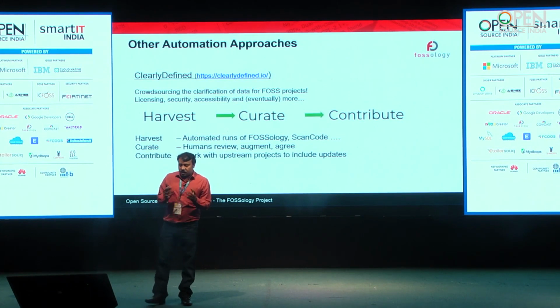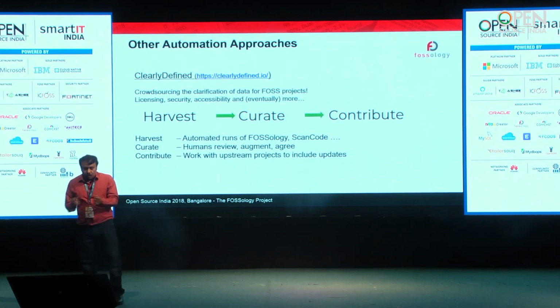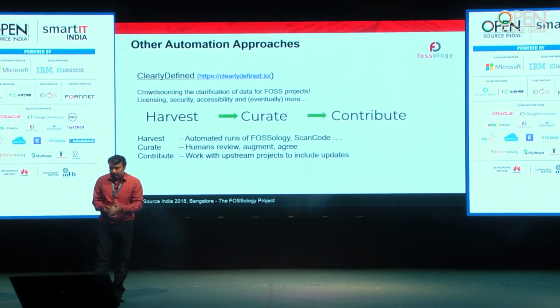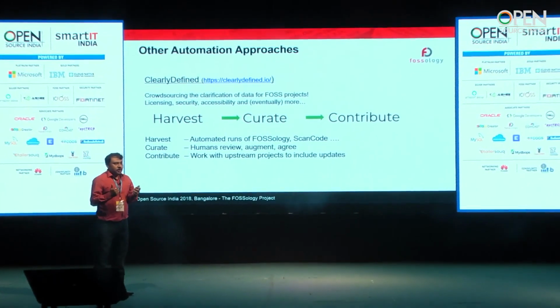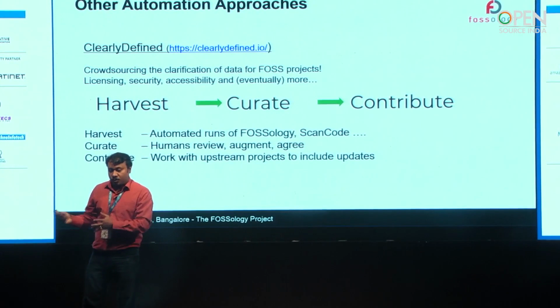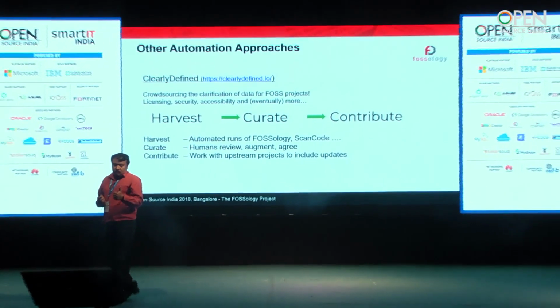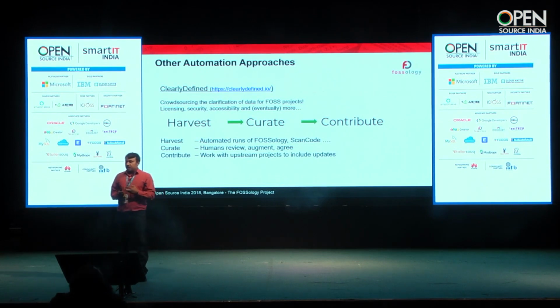We have multiple licenses, and files are stamped with licenses that are unknown or not properly stamped. So what ClearlyDefined tried to do is crowdsource the clarification data from other OSS projects. It works in three steps: harvest, curate, and contribute.